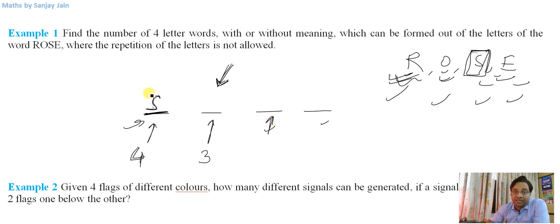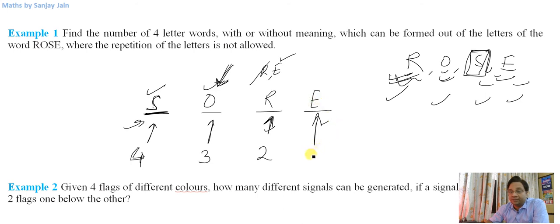Now you have utilized 2 letters. Let us say S, O we have already utilized. Okay, so the third place here can be filled in 2 ways. Okay, that is R or E. So if I fill R here, what are the number of ways I can fill this 4th place? Only 1, because R I have used, so this is the only option left, right?